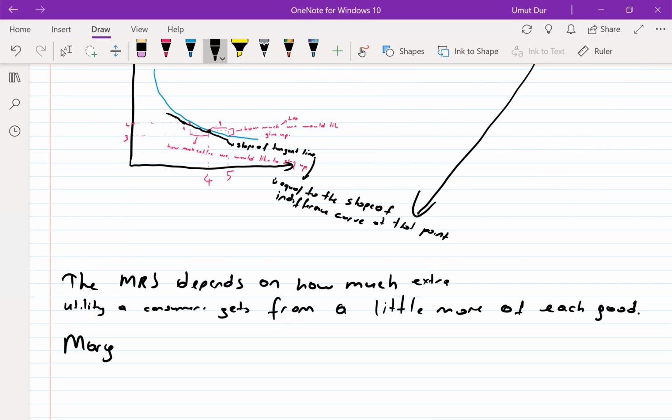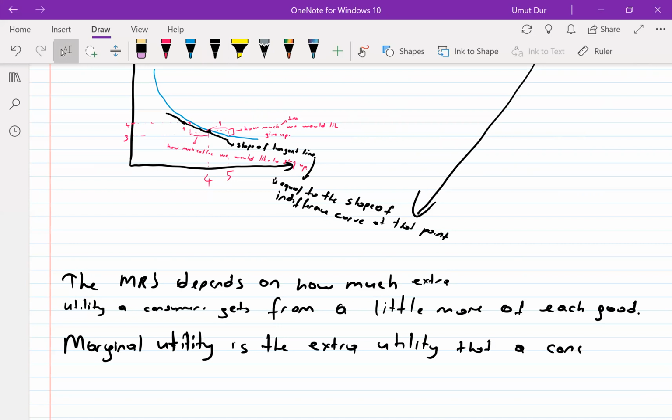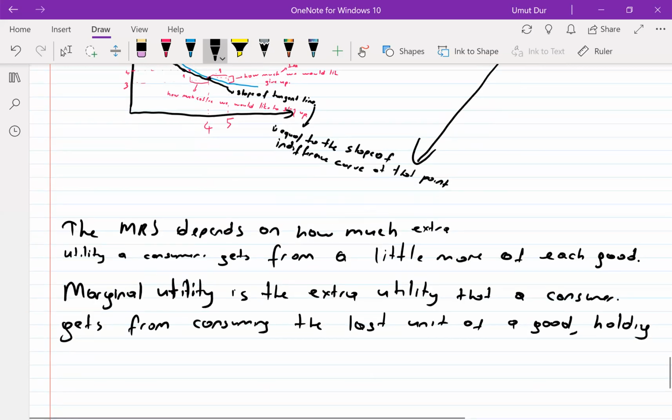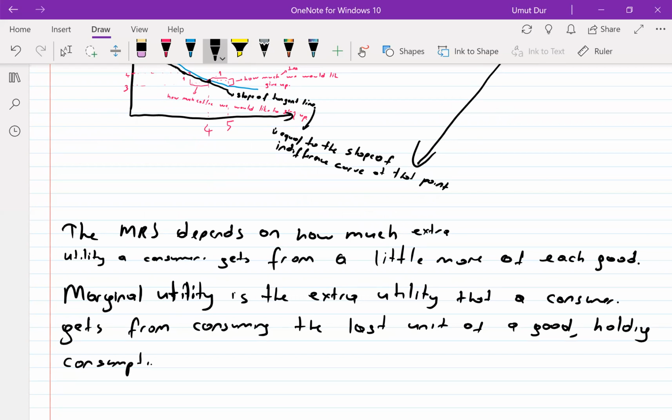Marginal utility, to be more clear, is the extra utility that a consumer gets from consuming the last unit of a good, holding consumption of the other goods constant.